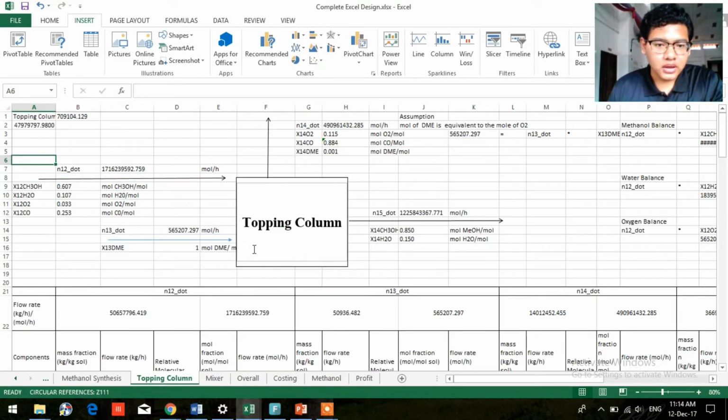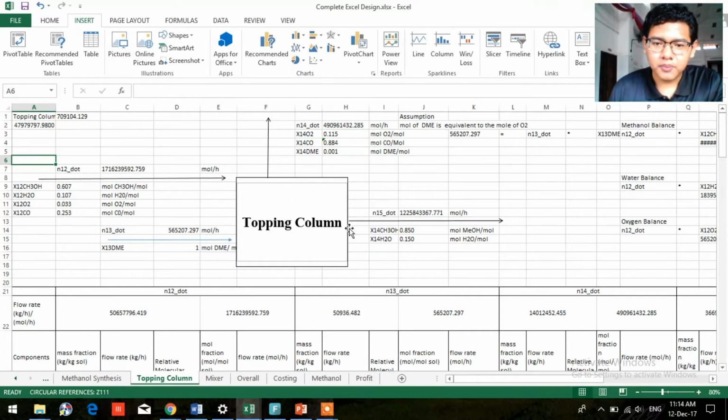Okay, so now we are at the topping column, where the flow rate from the methanol synthesis is approximately 70,000 million mole per hour, and the solvent is dimethoxyethane, which is approximately 56,000 mole per hour, that flows through the topping column.